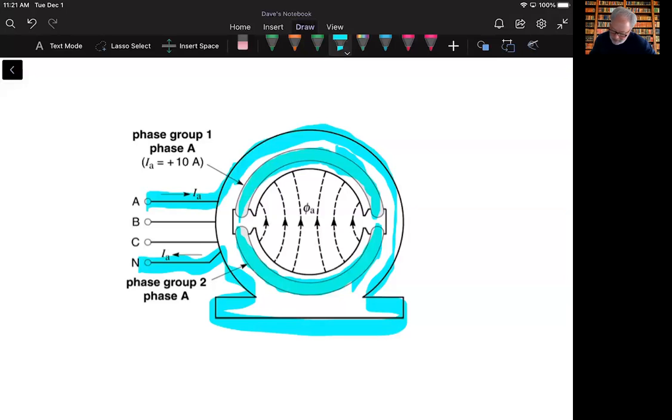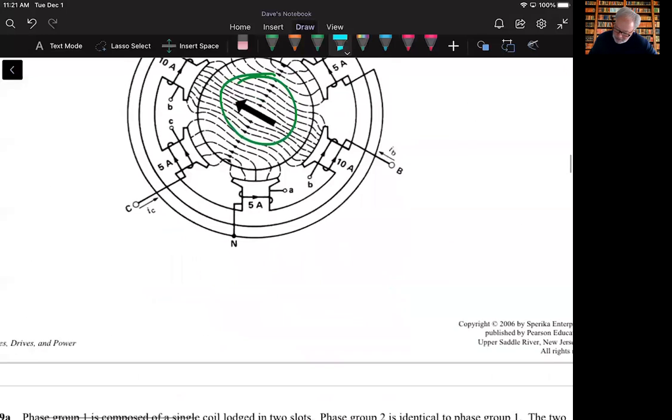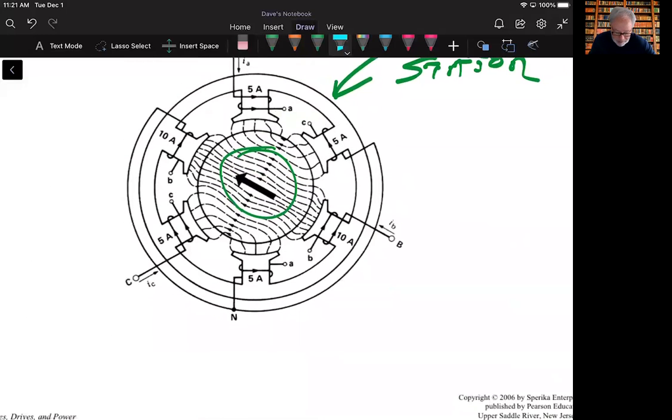Each coil covers 180 degrees of the circumference, whereas the coils in 13.6 were only covering 60 degrees across, right?